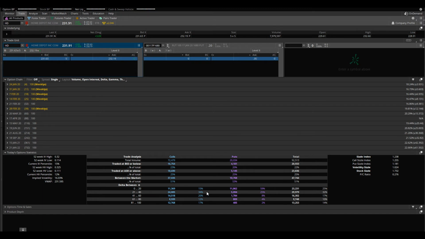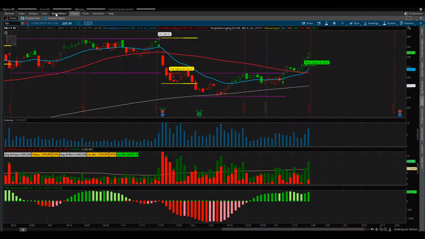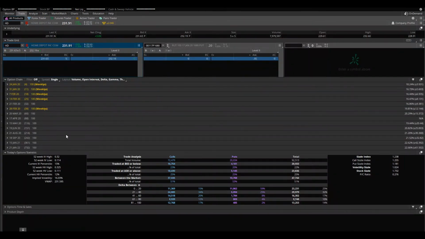So you have 34%, and it looks like more people, 34% of people on Friday are expecting a 21 to 40 delta, which means they're expecting a big move to happen. I mean, I don't hate the idea, but it's not the best setup.